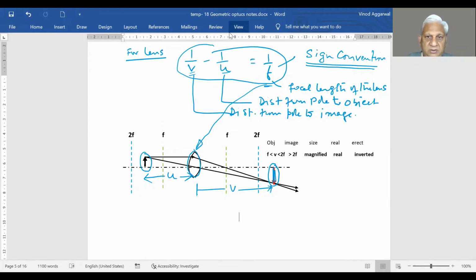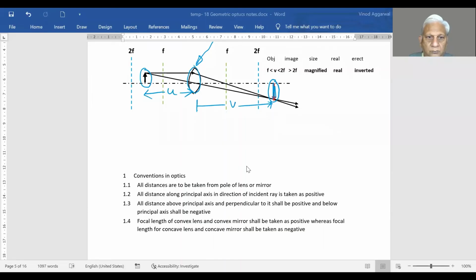Now I will slightly delve into what is a sign convention. The convention is that all the distances, whether it is u, v, f or whatever, is to be taken from the pole. Pole means this portion.